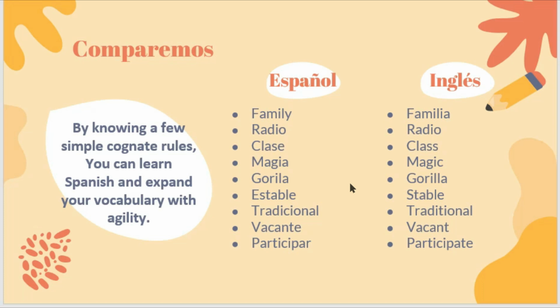Now from back to front: participate, participar, vacant, vacante, traditional, tradicional, stable, estable, gorilla, gorila, magic, magia, class, clase, radio, radio, family, familia. Very good. So if you notice, even the way that it is pronounced and written is very, very similar.